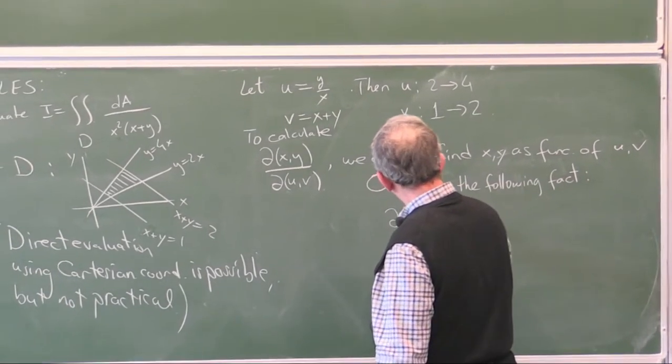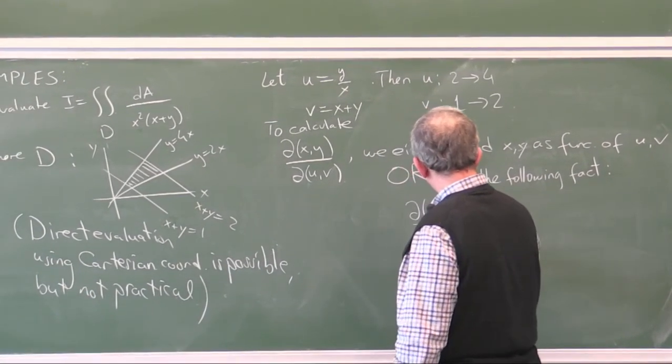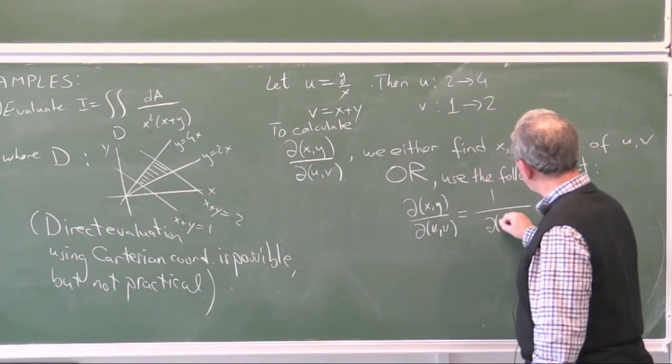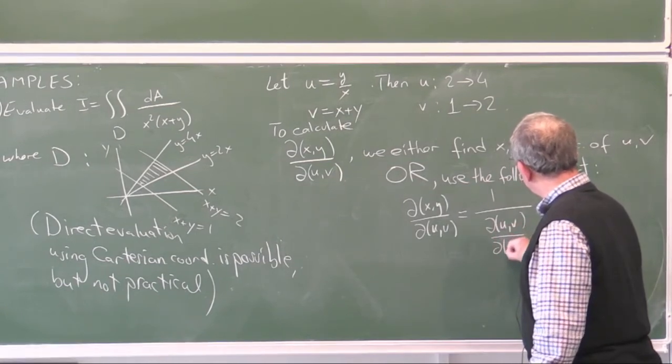The determinant of xy with respect to uv is the same as 1 over the determinant of uv with respect to xy.